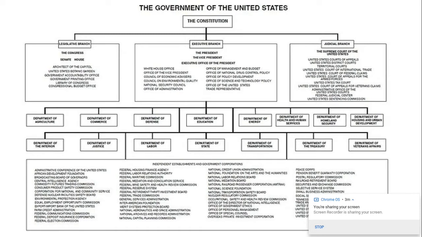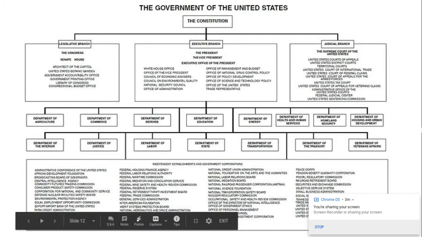But when the head of the Federal Reserve's term was up, then he was able to appoint somebody to that position. And that's just to make sure that these different offices can act somewhat separately from the jurisdiction of the president. So this is the executive branch in its entirety.